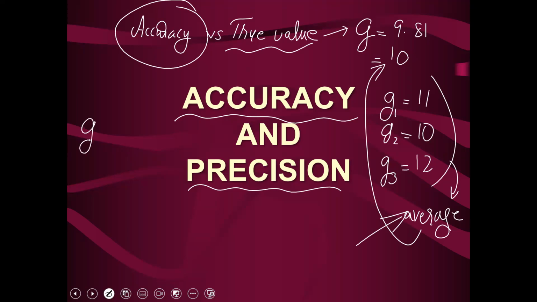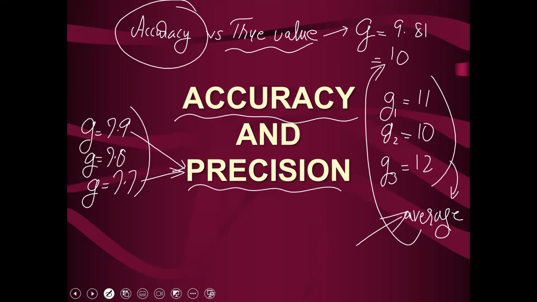For example, g is equal to 7.9, g is equal to 7.8, and g is equal to 7.7. These values are never accurate. Even if you take the average, it is not going to be 10. So it is not accurate, but the values are very close to each other. So this is called precision.